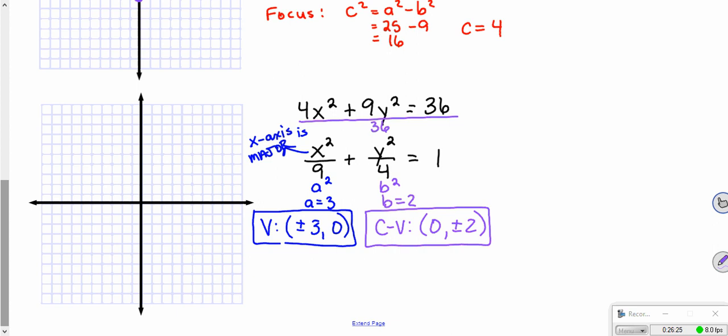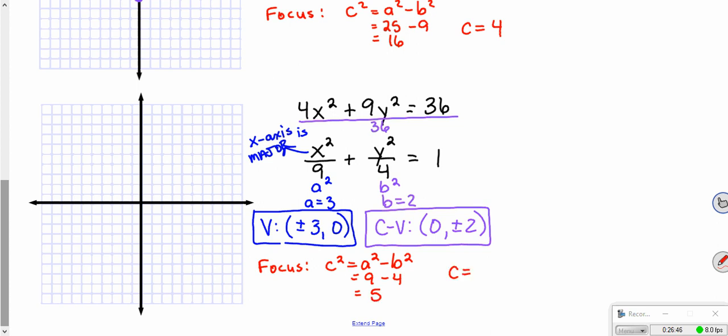Okay. Now again, I've got to find the focus, or the foci, whatever. So c squared equals a squared minus b squared. So in this case, that is 9 minus 4, so that is 5.